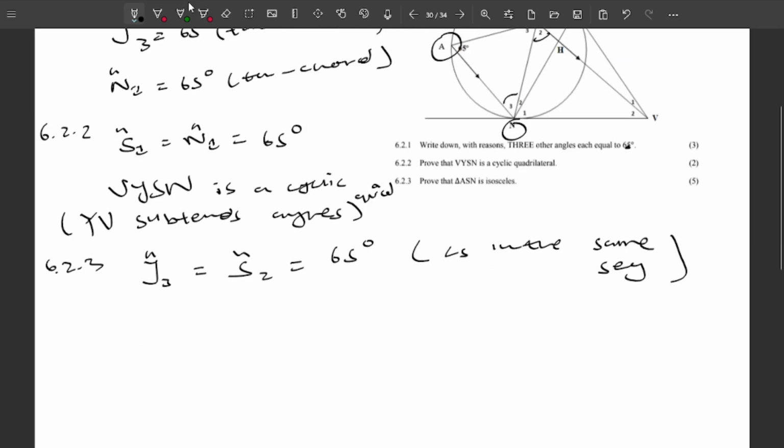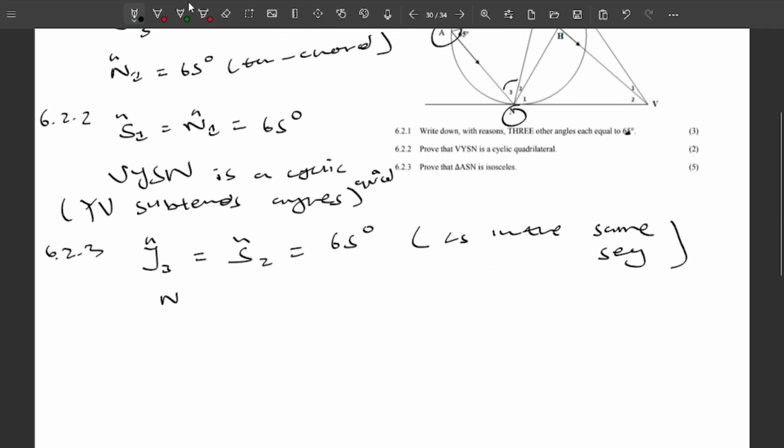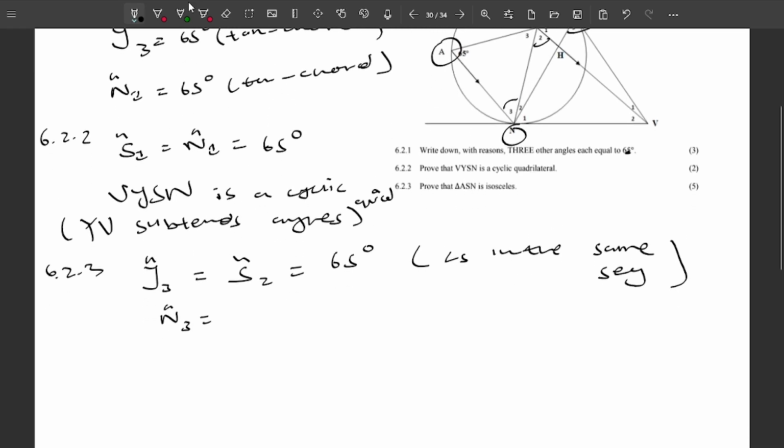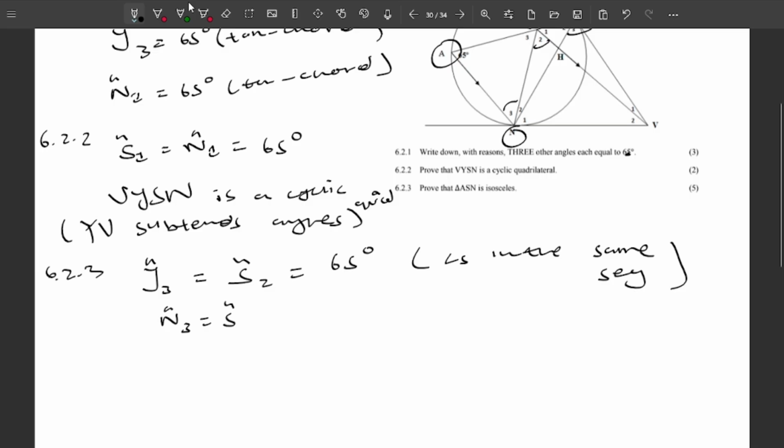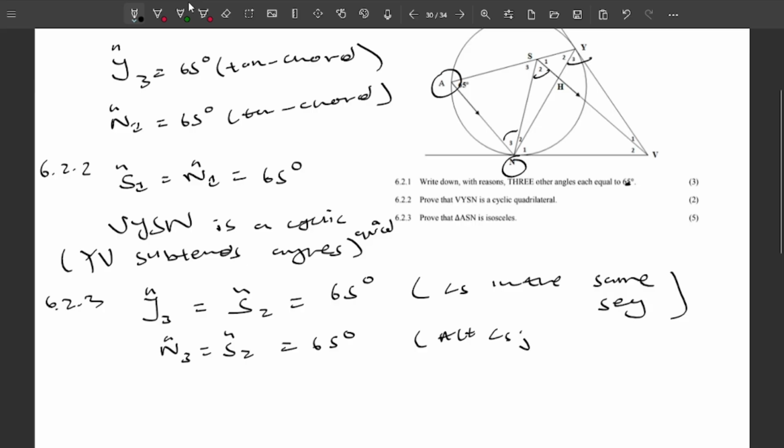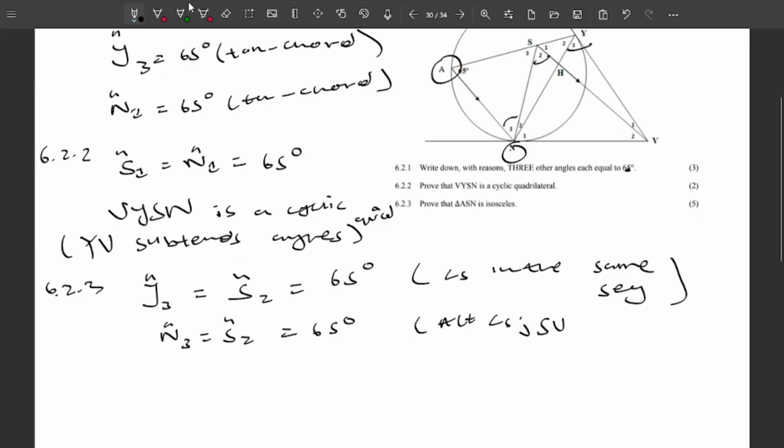And from there on, angle N3 is equals to angle S2, which is equals to 65 degrees. Reason? Alternate angles. Alternate angles what? Which ones? This one. SV is parallel to AN.